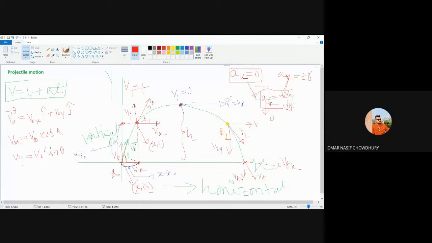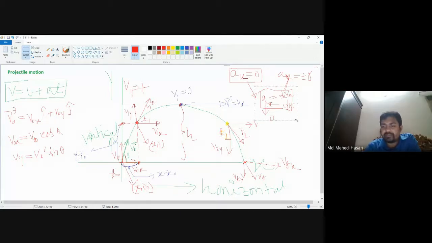Yes sir. So the thing is that acceleration is 0 along the x-axis. That means the x component of the velocity is constant.